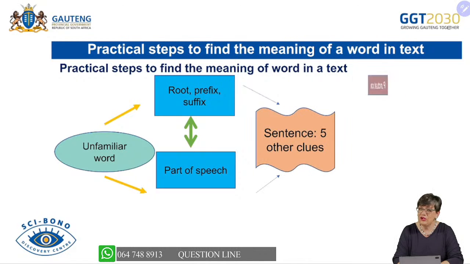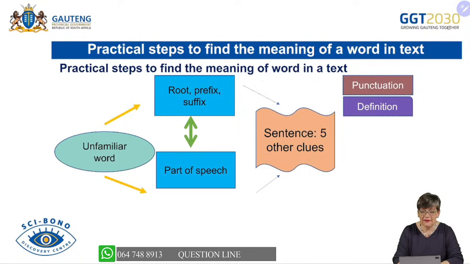Now, this is what you have to look for: punctuation. There might be commas or brackets that actually explain the word. Look out for those. You might find in your sentence there's actually a definition. Maybe not in the sentence where the word appears, but in the next sentence. So remember to read all around the word.